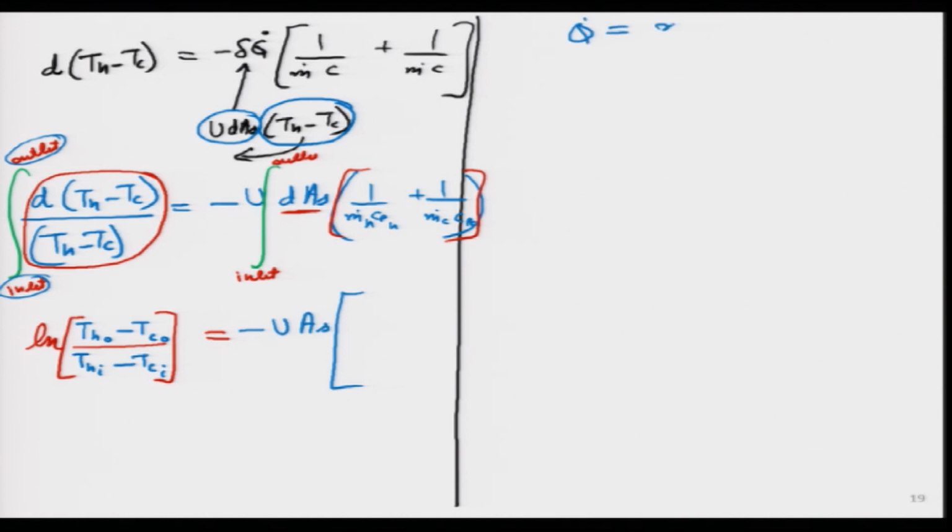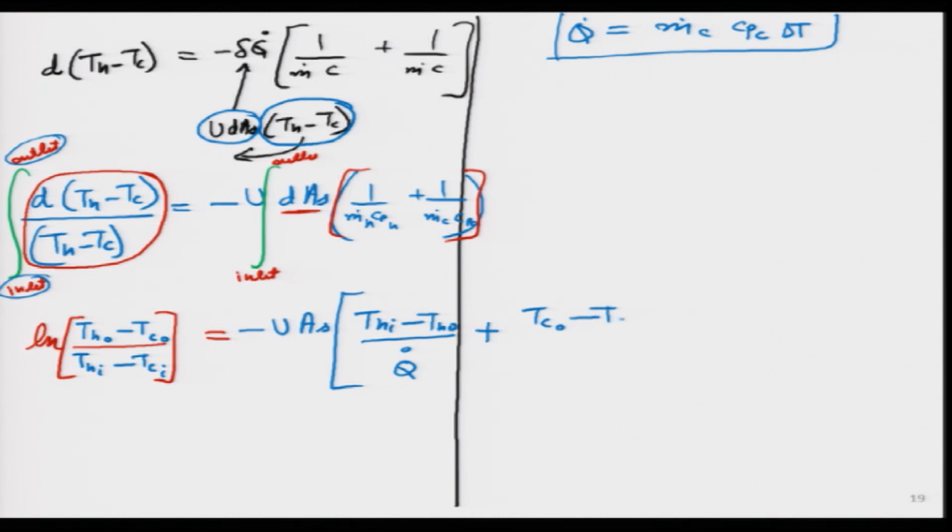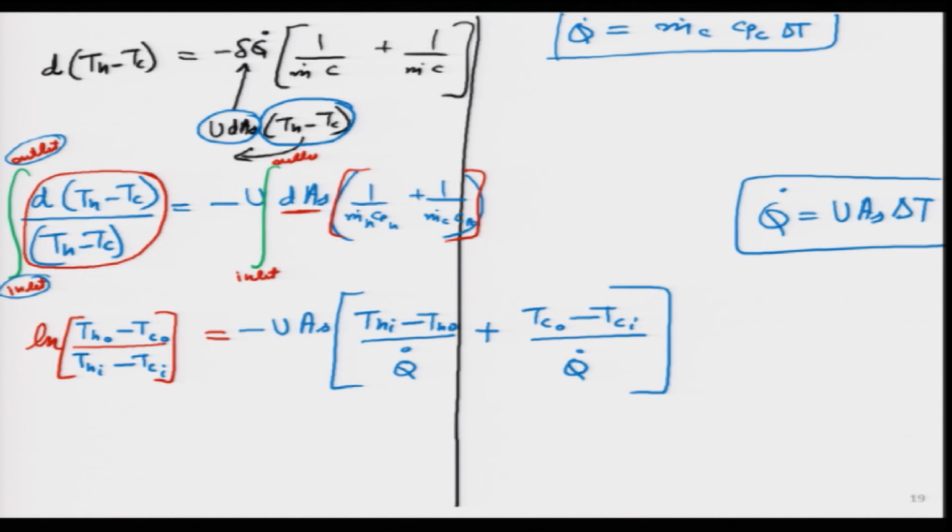Always remember, I can write this as m dot Cp cold side into the temperature difference over here, delta T. That I want to write over here, and I will write it as Thi minus Tho divided by Q dot plus Tc outlet minus Tc inlet divided by Q dot. And of course, we already know Q dot is essentially UA into delta T. All we were trying to do is find the value of this delta T.